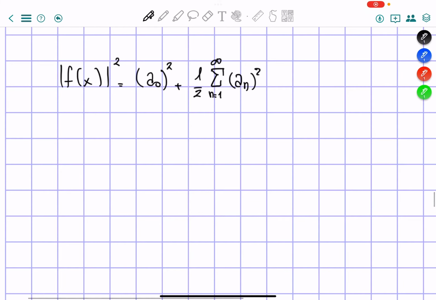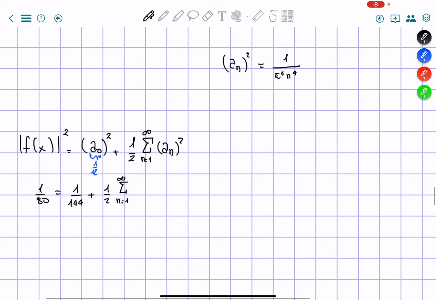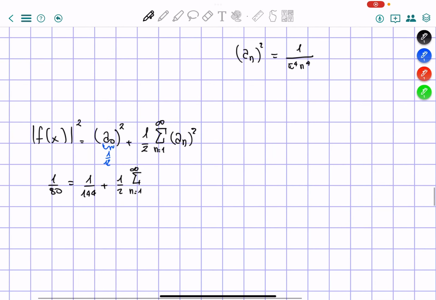So now the left side is equal to 1 over 80. Then on the right, a naught is equal to 1 over 12, we said, so squared it's going to be 1 over 144, plus 1/2 times the sum from n equals 1 to infinity of a of n squared, like we just did here.